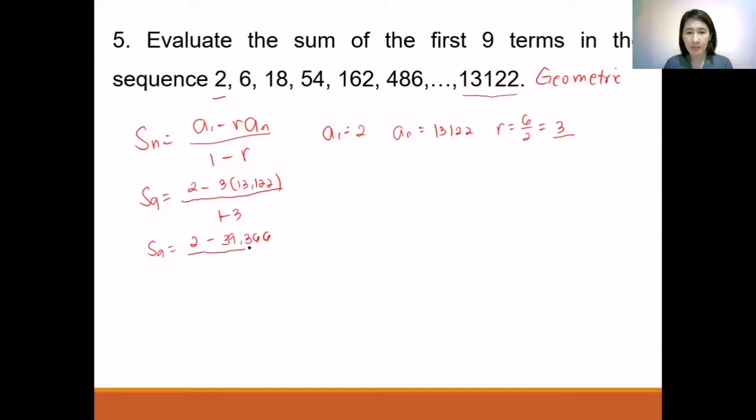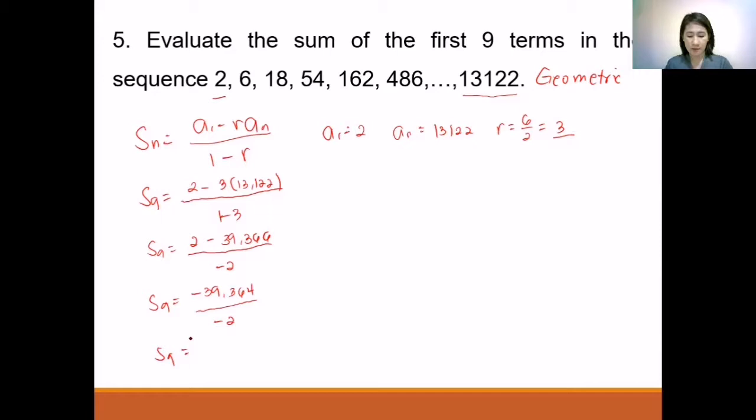Then we may subtract 1 and 3 right away, so that is negative 2. So we simplify, we subtract this, so you're going to get negative 39,364. We divide it with negative 2, and you are dividing both negative.